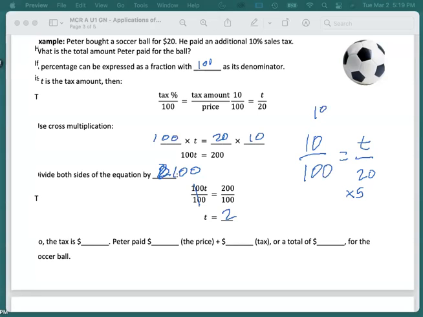So 100 divided by 5 is 20, and 10 divided by 5 is 2. So that's another way to look at it. So the tax is $2. Peter paid $20 plus the tax, $2, for a total of $22.